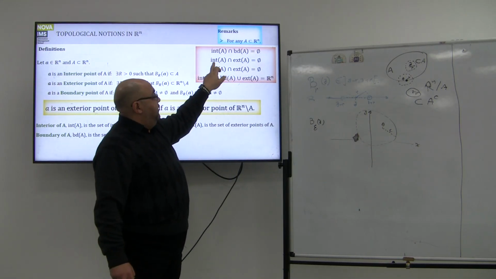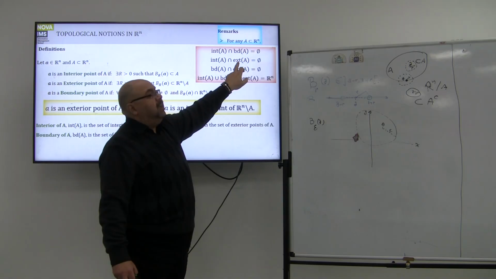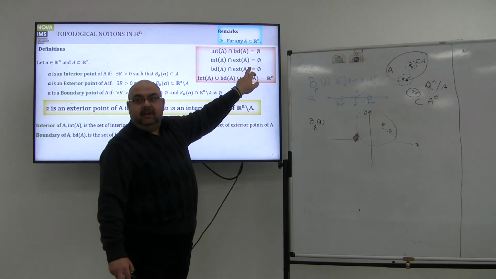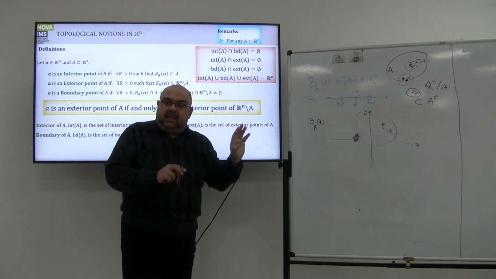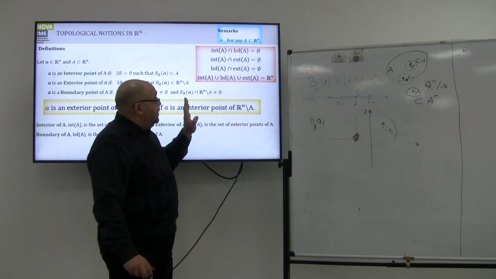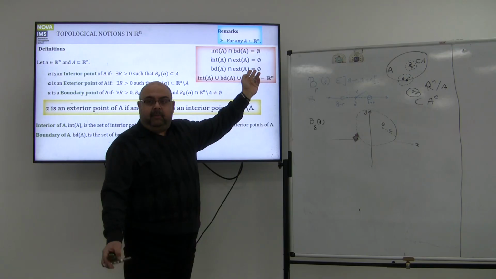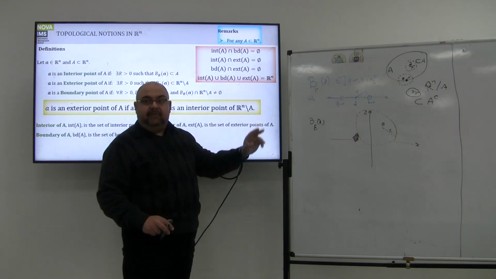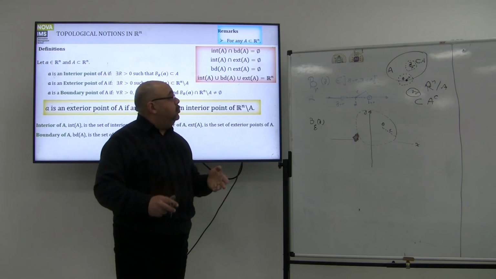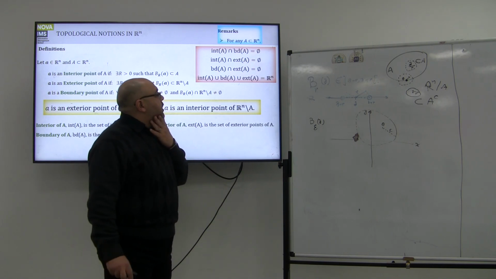The interior of A intersection the exterior of A is phi. You are talking about points inside and points outside, which makes sense. The boundary intersection the exterior is also phi. If you try to get an intersection of the boundary set with the exterior, it's going to be phi.